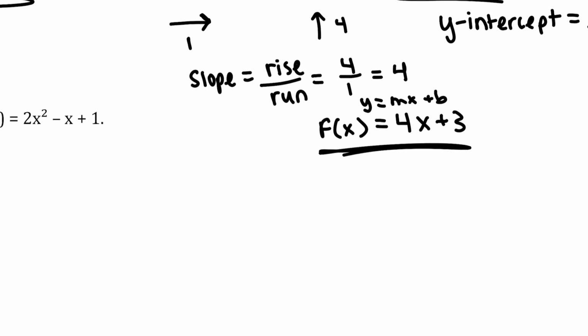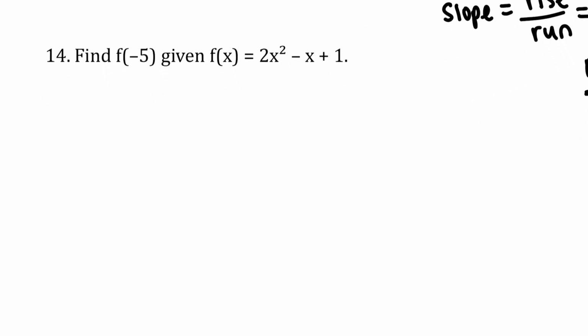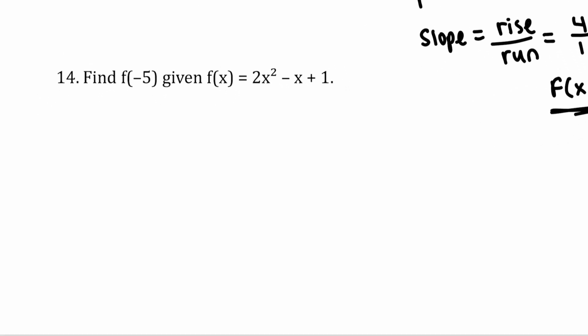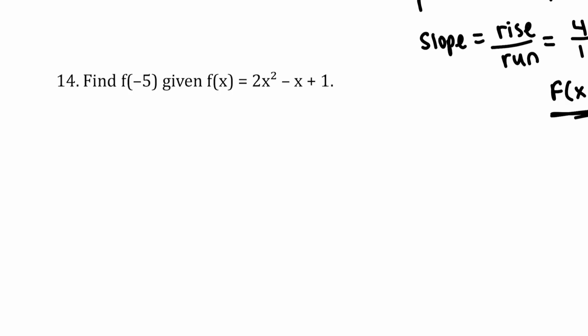14 is another one where we have to plug in a number into x. Find f of negative 5 given f of x equals 2x squared minus x plus 1. So we're going to plug in negative 5 into this x here that's being squared and into that x there, because you have to plug it into every single x.